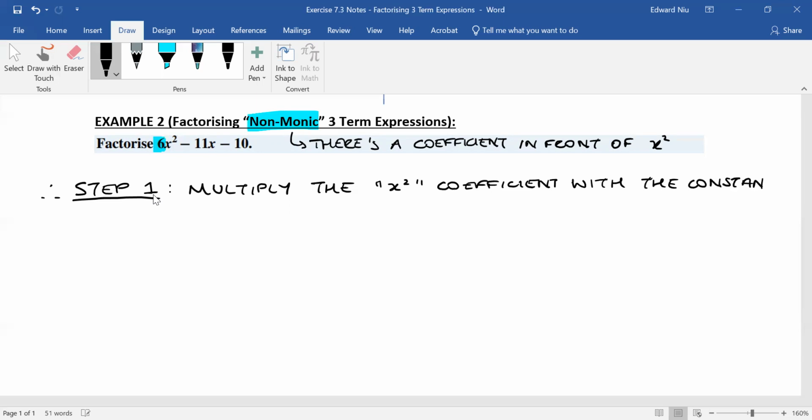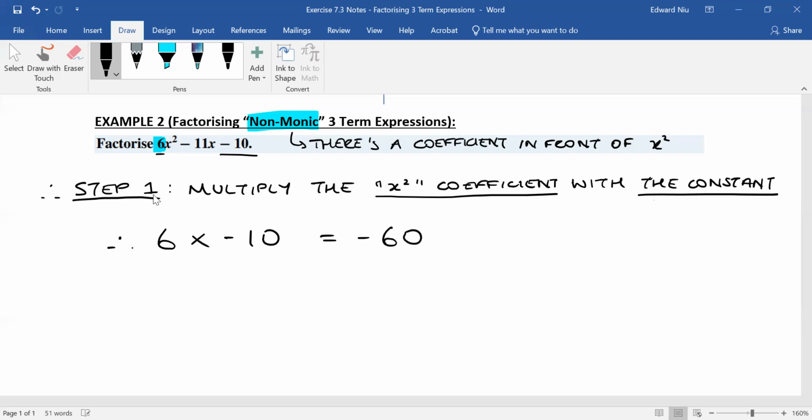It's always the x squared's coefficient with the constant. What does that mean? We've got the x squared coefficient of 6 multiplied by the constant of -10. So therefore we have 6 times -10, which gets us an answer of -60. So, what does this mean?